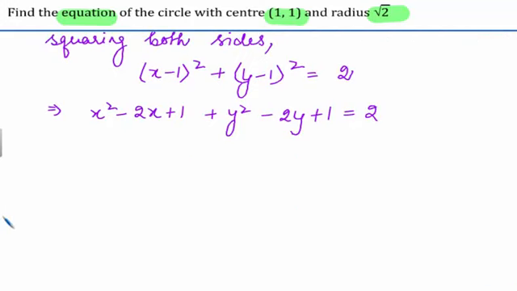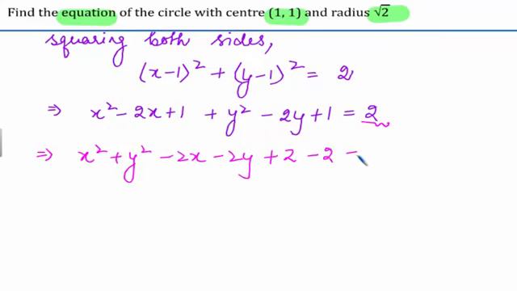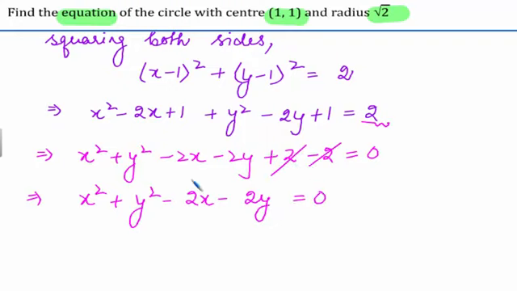This further implies that x square plus y square minus 2x minus 2y plus 2, and taking this 2 on the left hand side. Now this further implies that we have x square plus y square minus 2x minus 2y is equal to 0, since plus 2 and minus 2 cancel out.